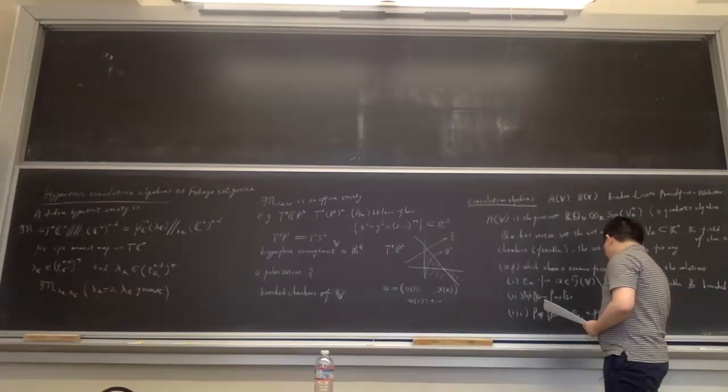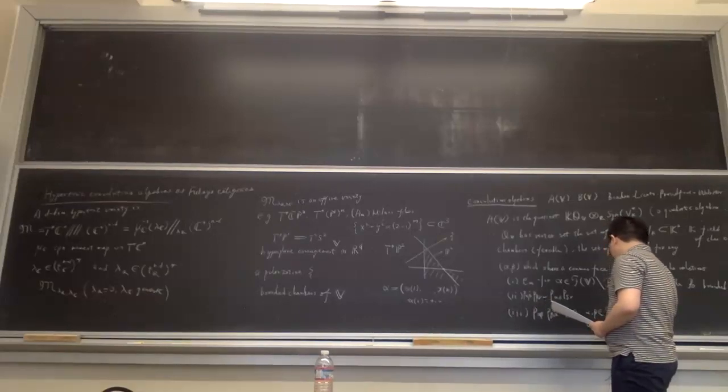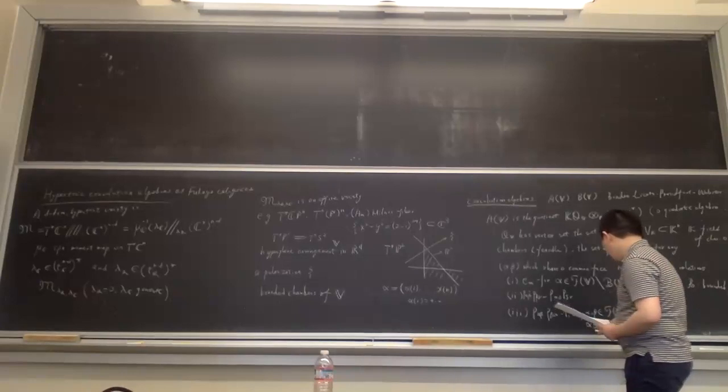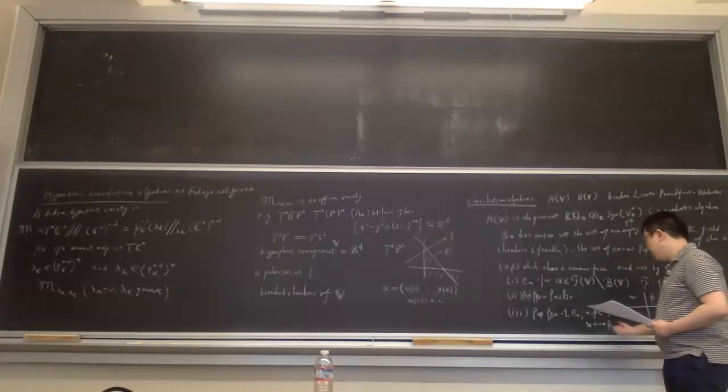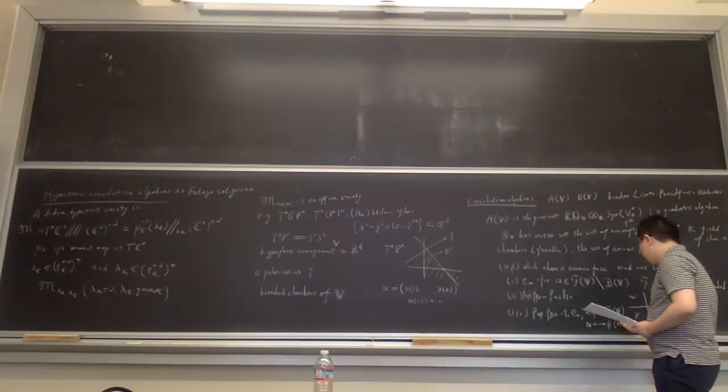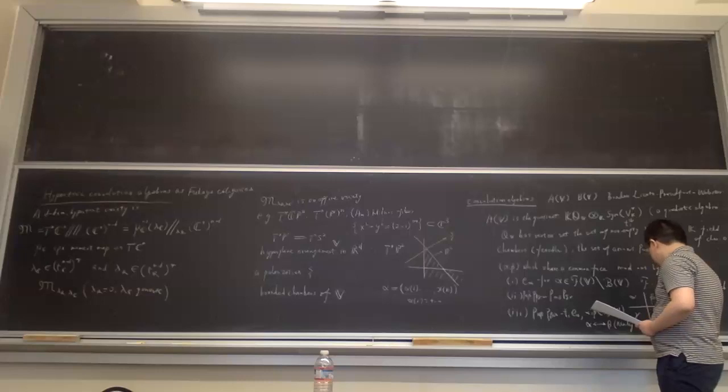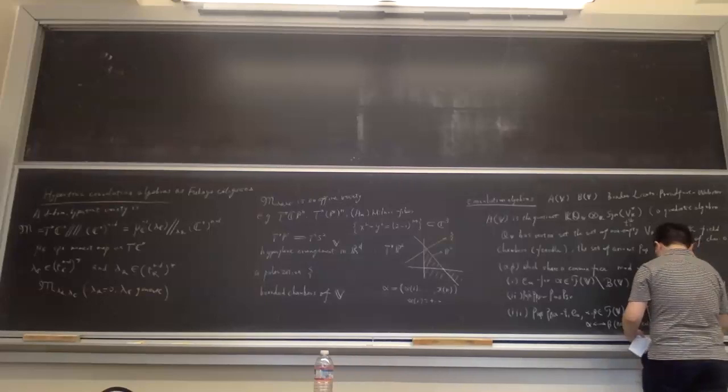I will use the notation alpha two-headed arrow beta to denote that these 2 chambers are nearby to each other, meaning they share a codimension 1 face. Okay, so this is the definition of the convolution algebra A.